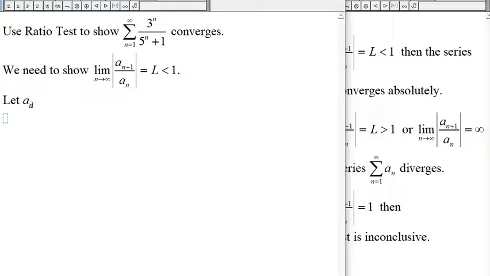So we have a sub n is this. And so a sub n plus 1: in the place of n, we put n plus 1.